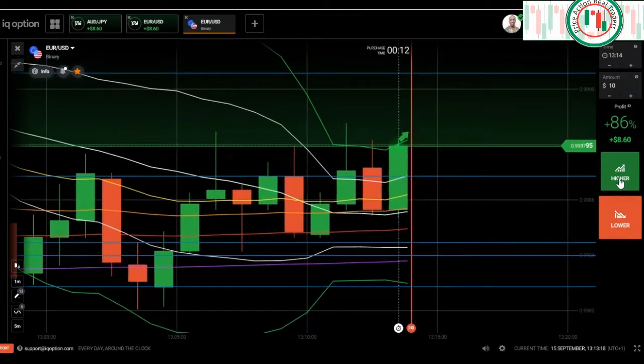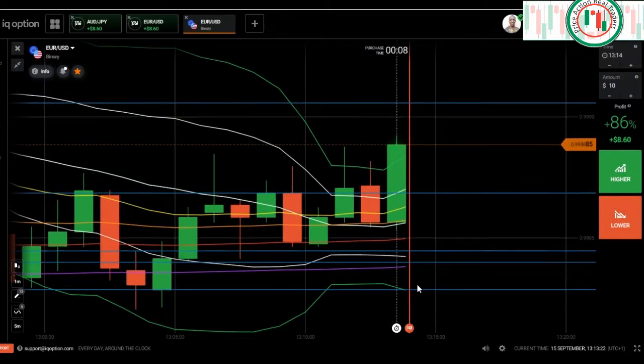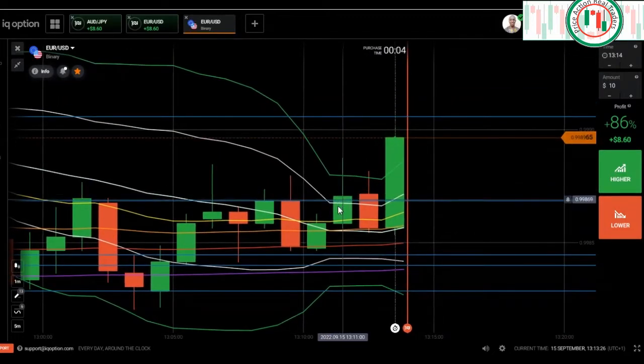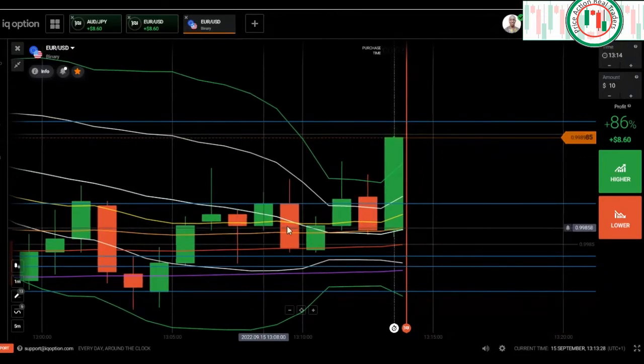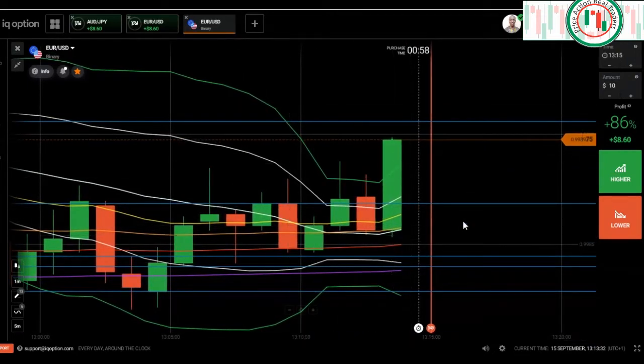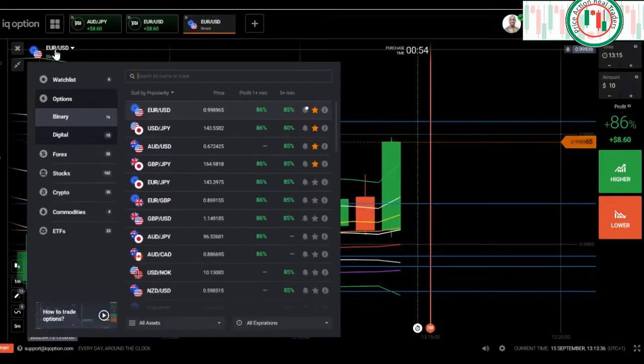In this situation, always try to get marginal of safety, because here you see if it is normal market here, market will reverse here at this zone after this rejection, but the market is very fast, so you have to be careful. Don't place your trade anyhow.